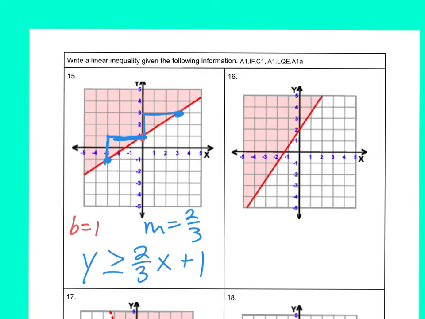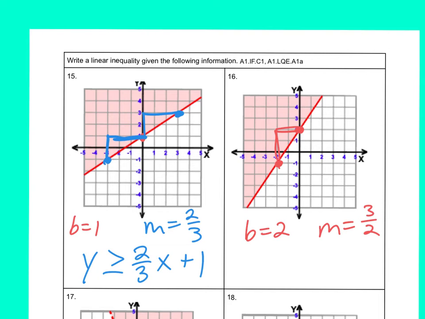Okay. Next one. Same thing. What's b? 2. Slope, I just need to pick another point. I'm going to pick this one. What is my rise over run? Up 3 over 2. Which is 3/2, right?